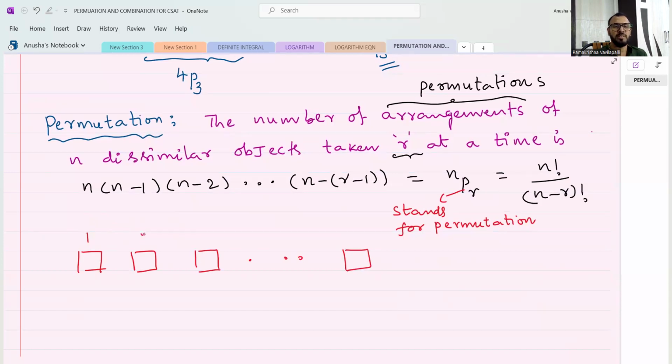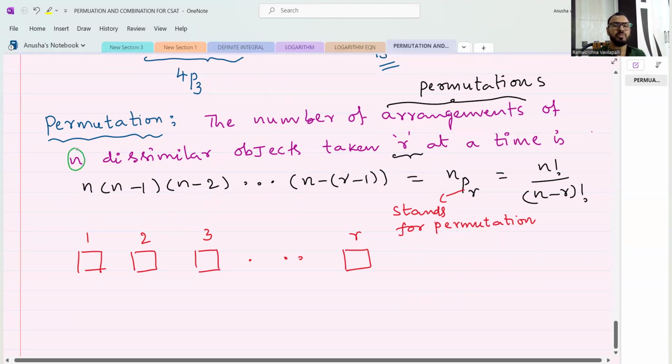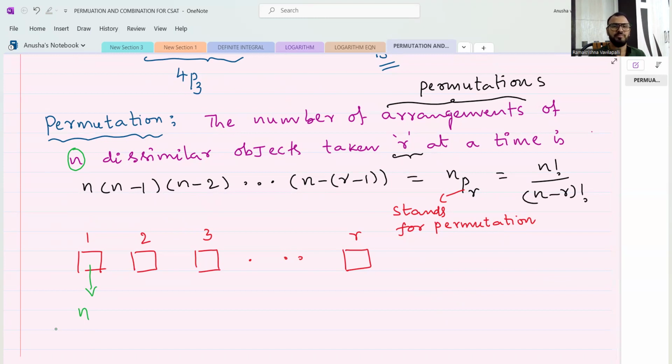So this is box 1, this is box 2, box 3, and up to box r. Now it is very easy to fill the boxes, right? We have totally n dissimilar objects. In the first box, you put any one of these n objects, so you can put in n ways. Well, we do not repeat the objects. Now there are n minus 1 objects after filling the first box. So now the second box has n minus 1 choices to fill it.